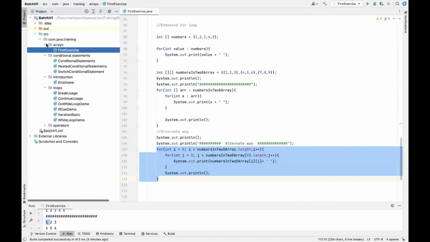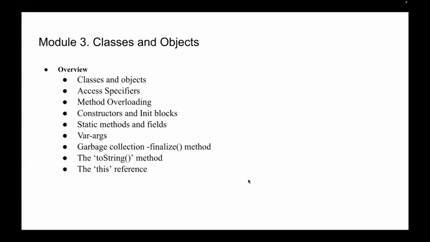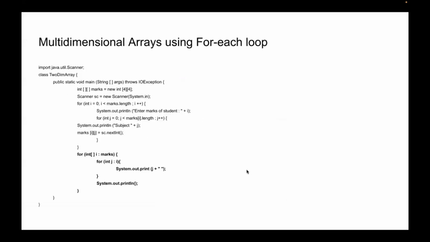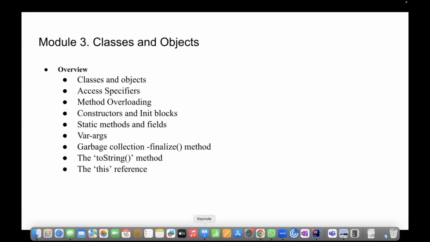So this was about arrays. We'll go ahead with our next topic, that is classes and objects. So what are classes and objects in Java? By objects we mean the real world entities.